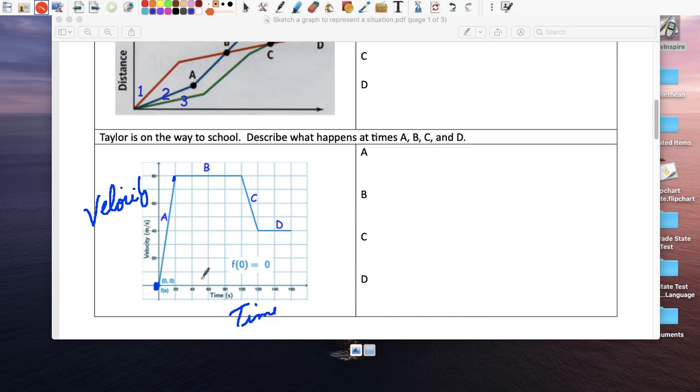From 0 to 30 seconds, she's increasing in speed. And then from this point right here to this point, her speed is constant at whatever that is. I can't see because I really can't see. So we know that in section A, her velocity is increasing.